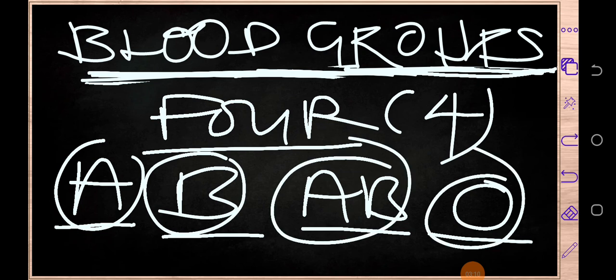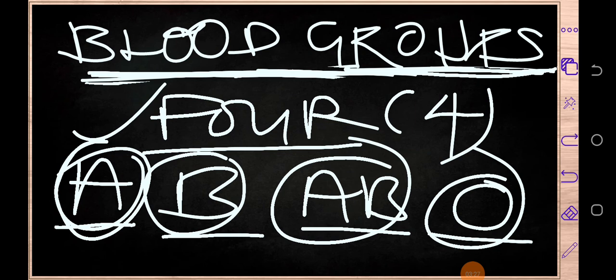So what we need to know and understand is how we write the genotypes of these blood groups, because what I've just written here are the phenotypes, the outward expression of the genotypes.